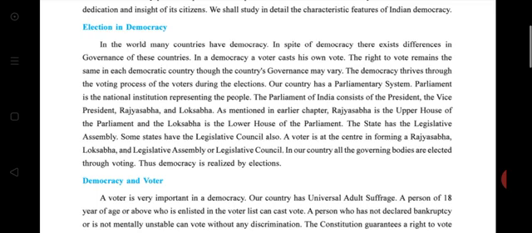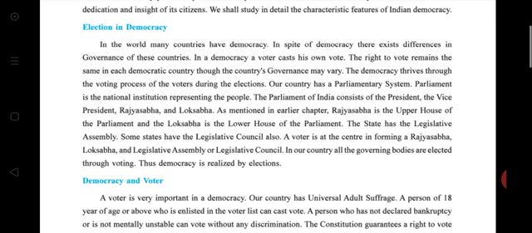In spite of democracy, there exist differences in the governance of these countries. Most countries in the world have democracy, still the governance of each country is different.